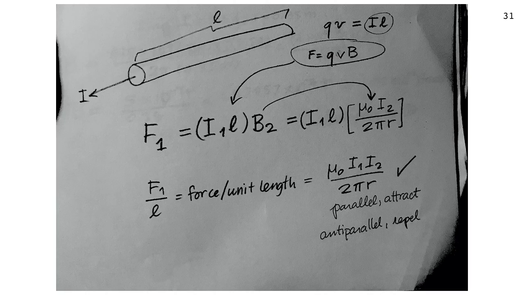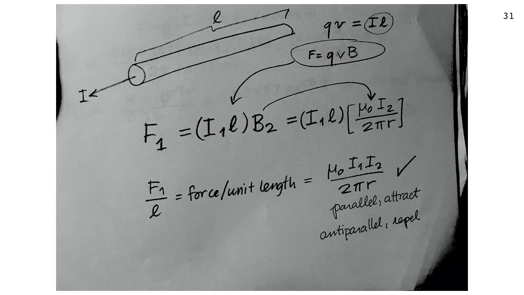Now the force on wire 1 is equal to the current times L, so that's QV, times B2, the field produced by wire number 2. So that's this.